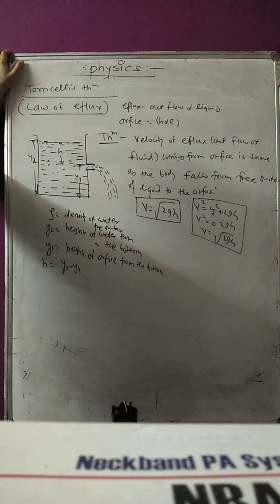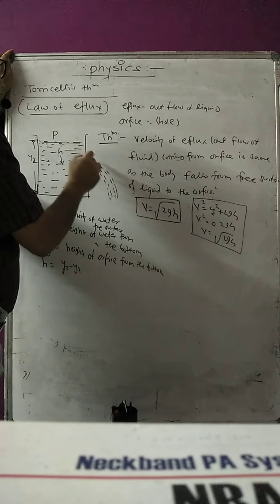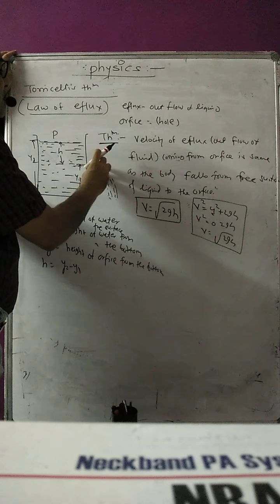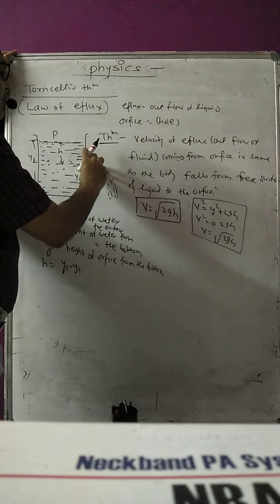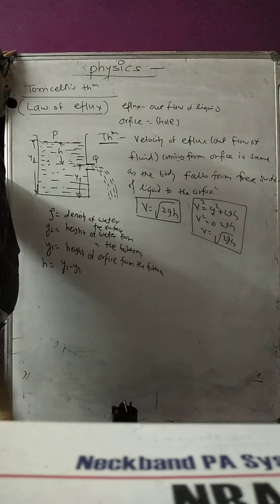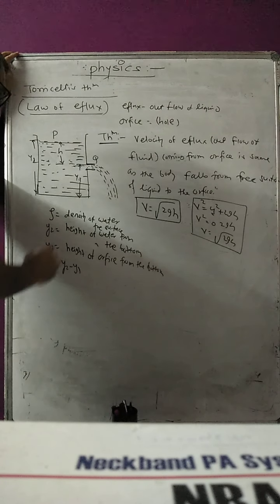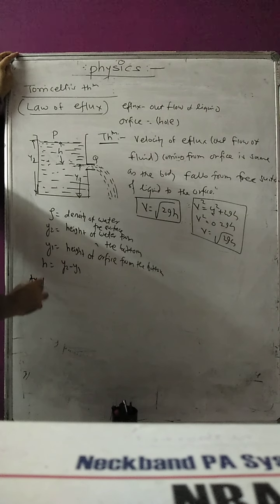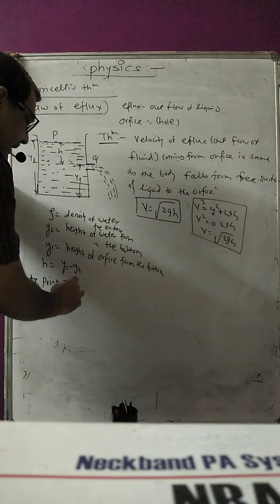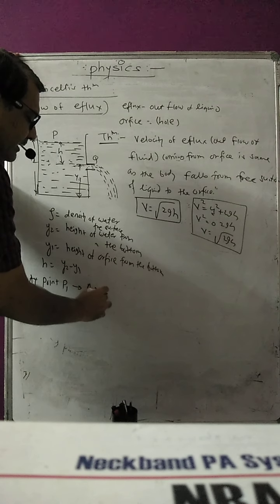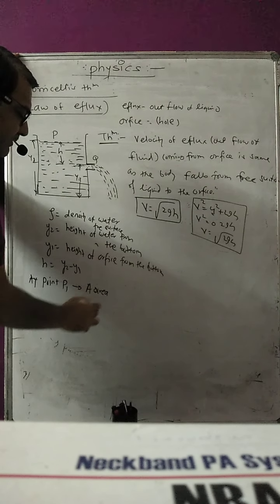Okay, now I have considered the 2 points, point P and point Q. Point P is considered to be a free surface and Q is from which the water is going to come out. So that is the orifice. Okay, these are the 2 points. At point P, free surface, A will be the area of free surface of liquid.